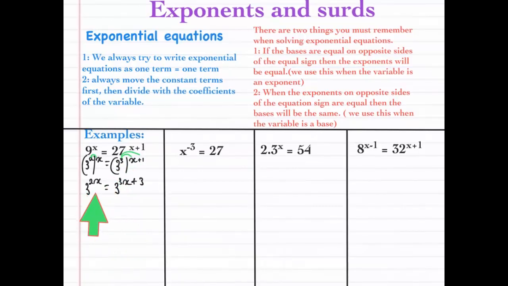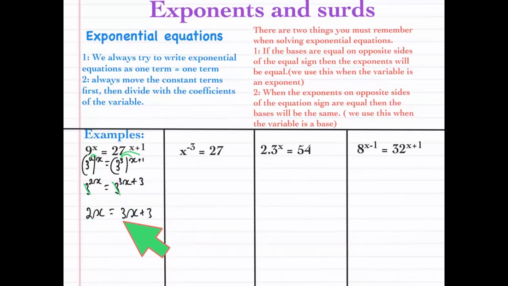Now, the bases are the same, so I can just throw them away. I'm going to leave these out, and we're going to equate the exponents. So 2x equals 3x plus 3. Because the bases now are the same, we can just equate the exponents and solve for x.